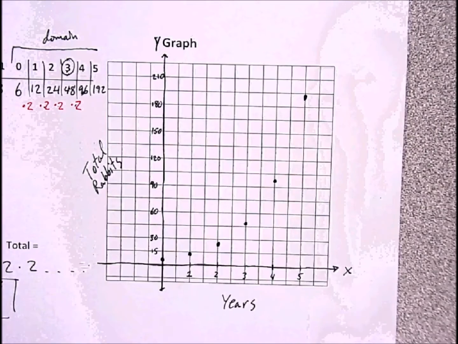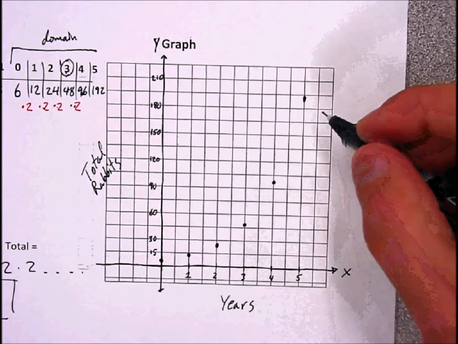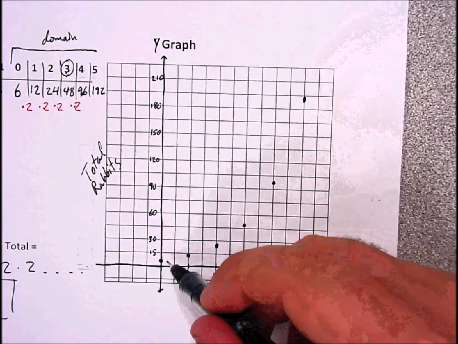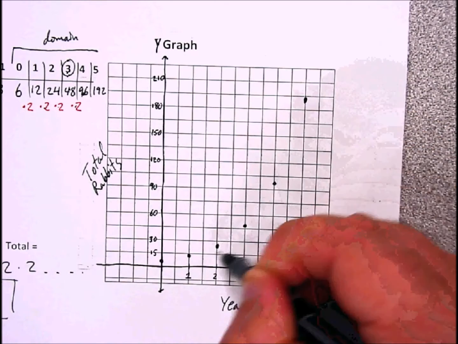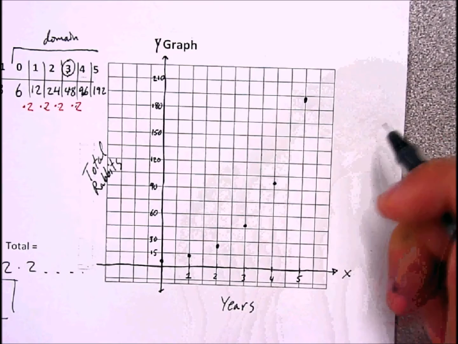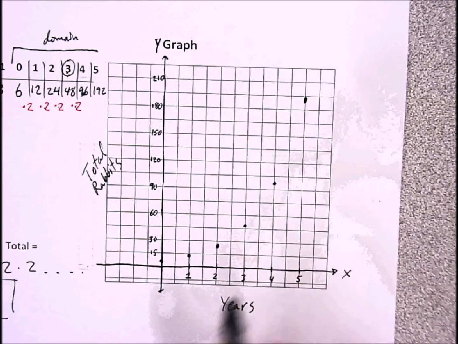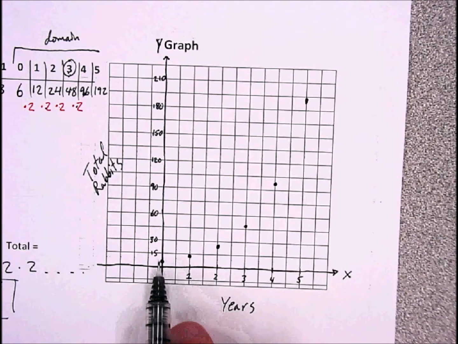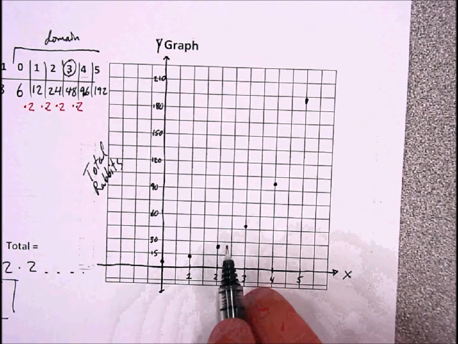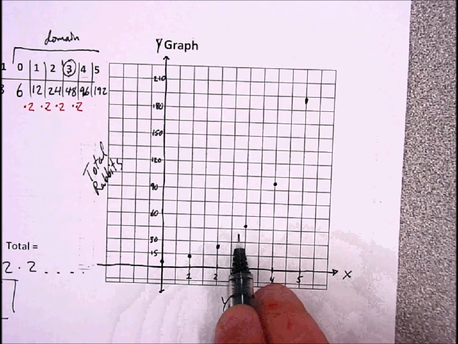And there's also, you want to ask yourself, do I fill this in? This is not a continuous function because you're not going to have every possible value between here and here. I'm never going to have 9.25 rabbits or 41.6 rabbits or anything like that.